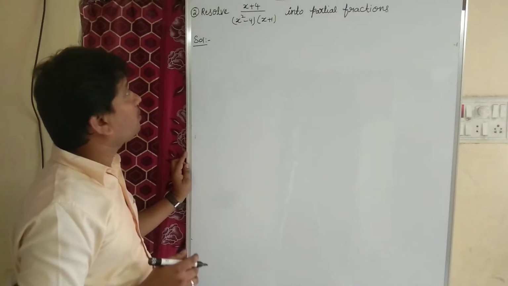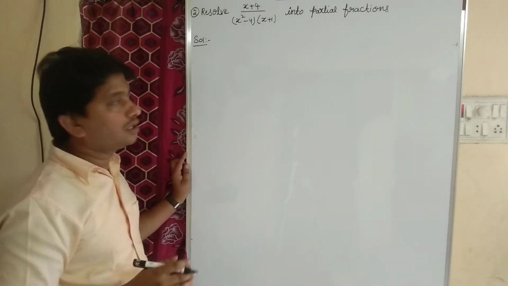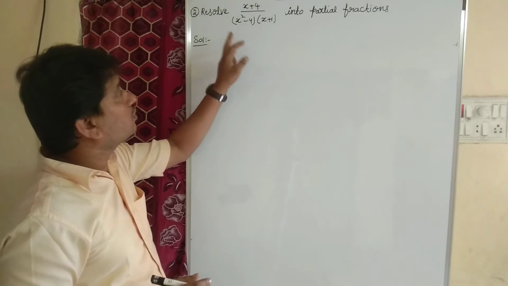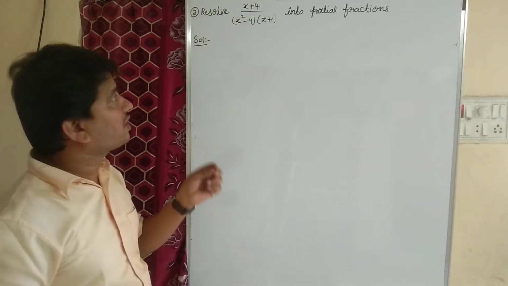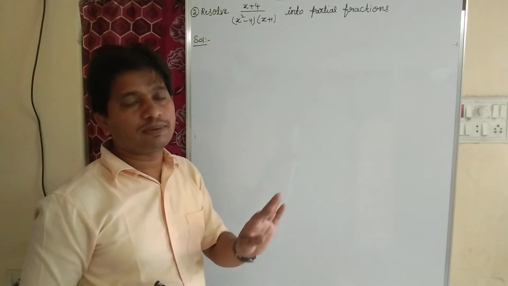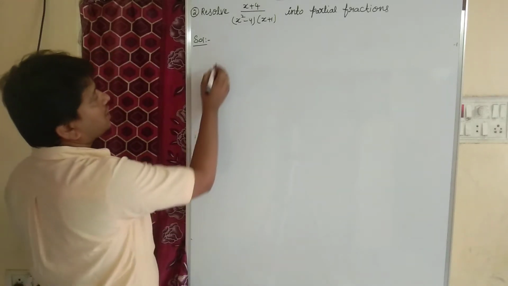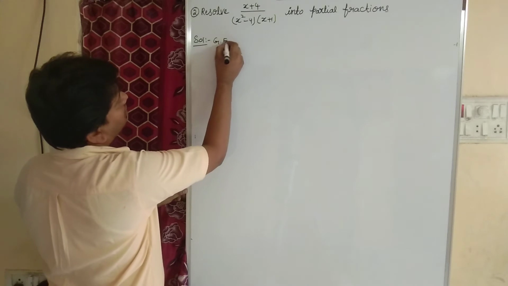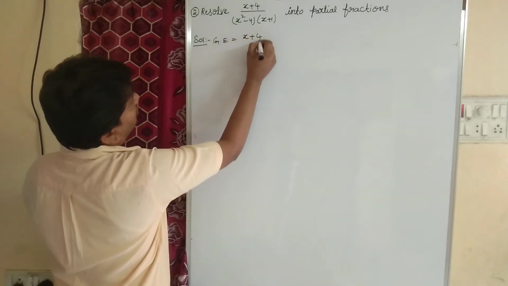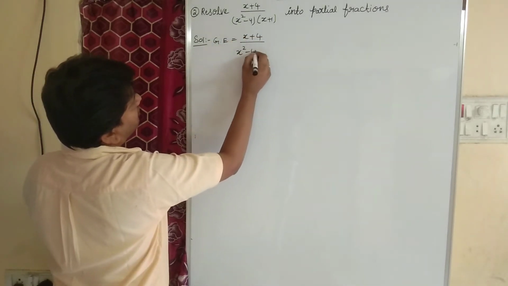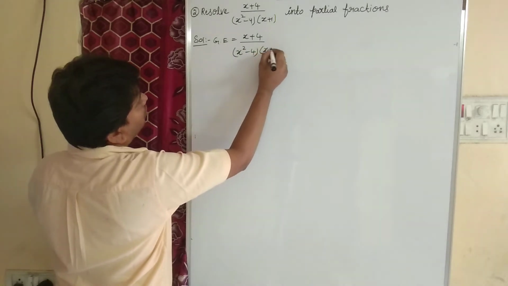Yes, now coming to problem number 2, the same method. Resolve x plus 4 divided by x square minus 4 into x plus 1 into partial fractions. Okay, children, see here, what is the given general equation? X plus 4 divided by x square minus 4 into x plus 1.